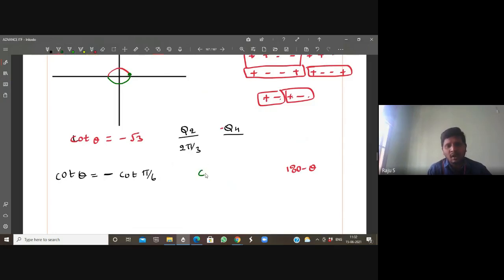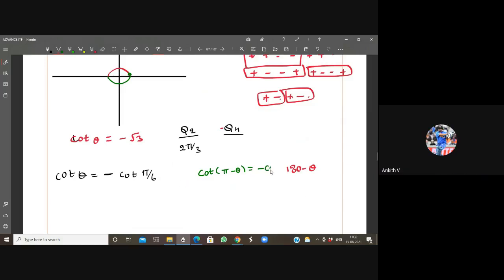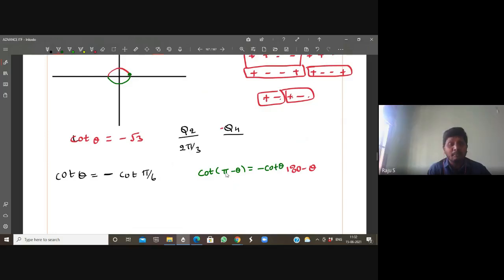What is cot of 180 minus theta? Minus cot theta. Very good. Pi means 180, so in the second quadrant cot is negative.